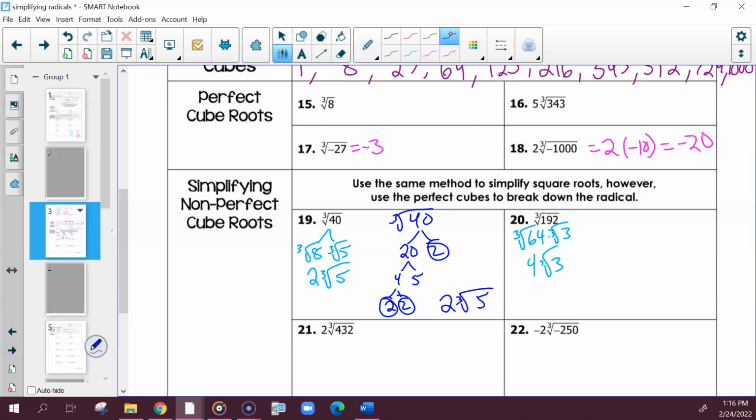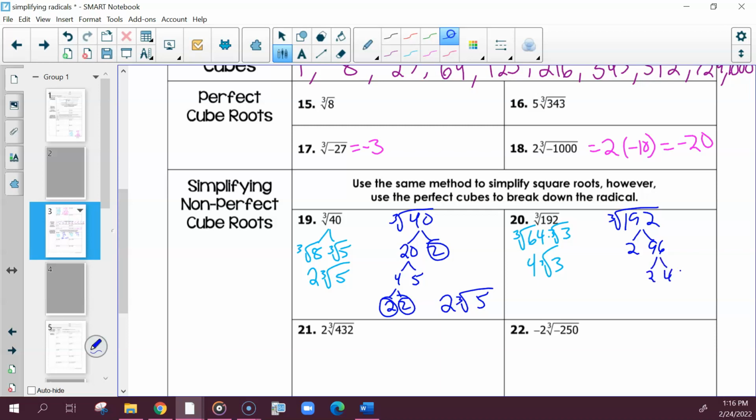If we were breaking this down using factors, now 192 is a bigger number, so you have to be careful with this one. But let's say 192 divided by 2. Let's say we don't know any other factors, and we're just going to start with 2 because we know it's even. So we have 2 and 96. 96 can be divided by 2.